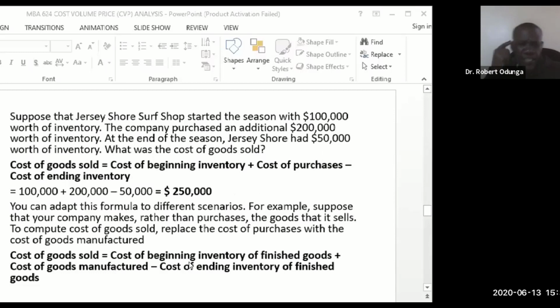Suppose that a shoe shop started the season with 100,000 worth of inventory. So our opening inventory was 100,000. The company purchased, our purchases were 200,000. And the ending inventory was 50,000.